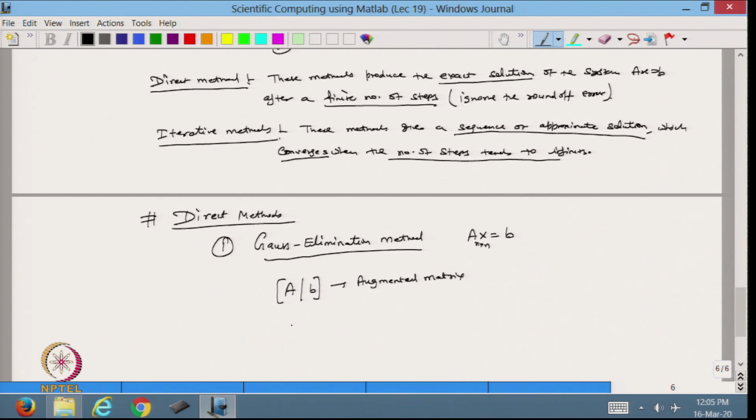Now, I will apply elementary operations on this matrix and convert it into another matrix, that I can call U c. This converts the matrix into an upper triangular matrix with the modified right hand side vector. So, we are converting the augmented system into another augmented system using Gauss elimination.